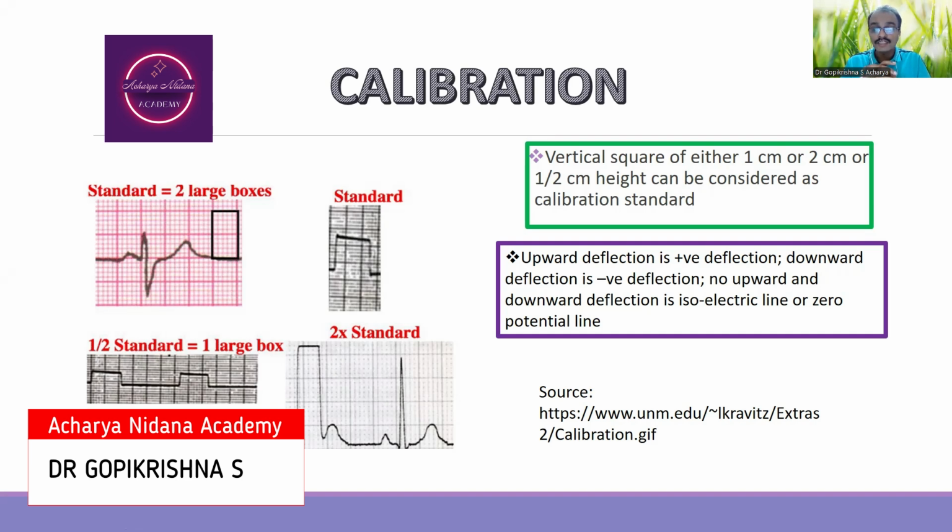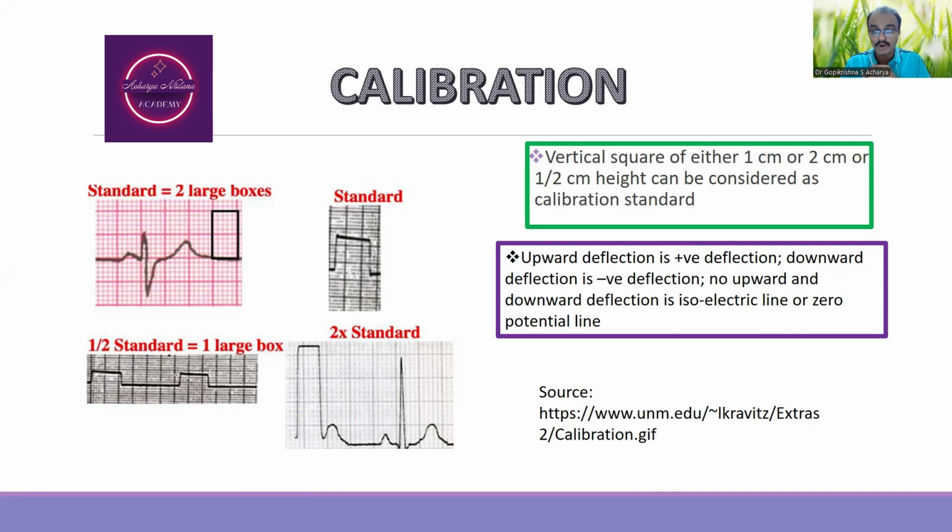If the deflection is below the isoelectric line, or downward deflection, that is termed negative deflection. And when there is no upward or downward deflection, that is termed isoelectric line or zero potential line.